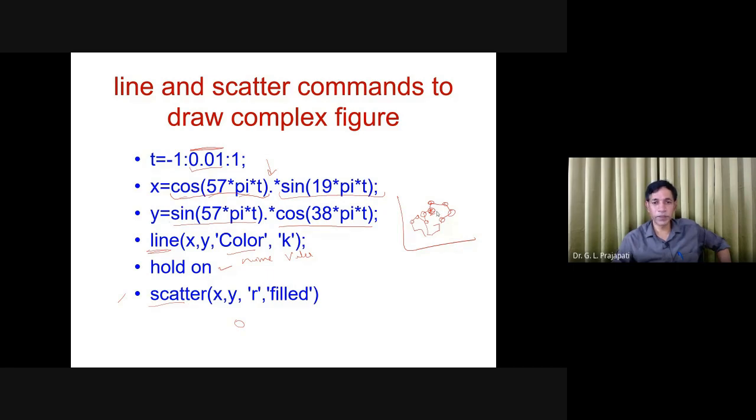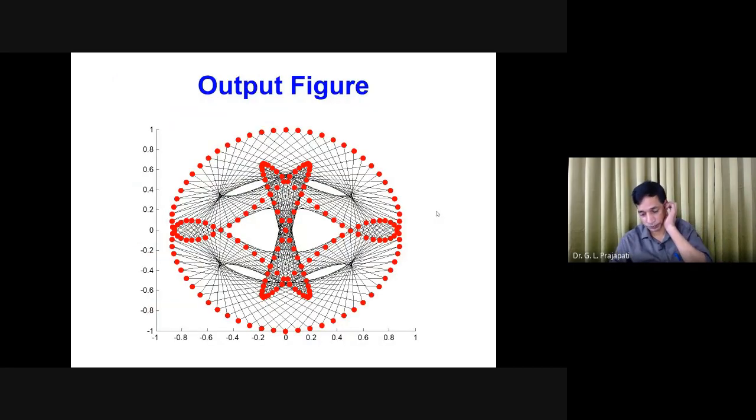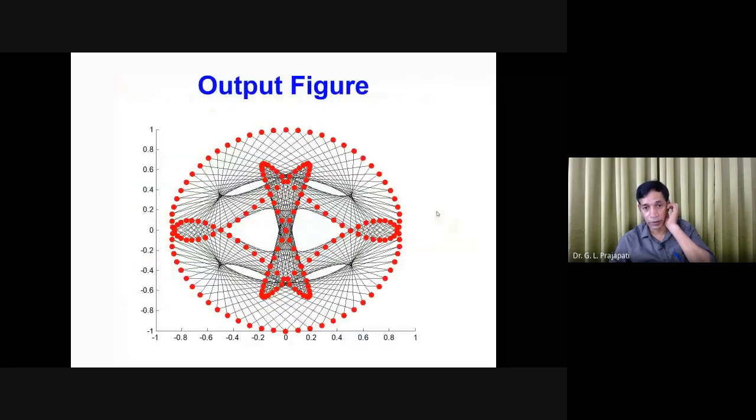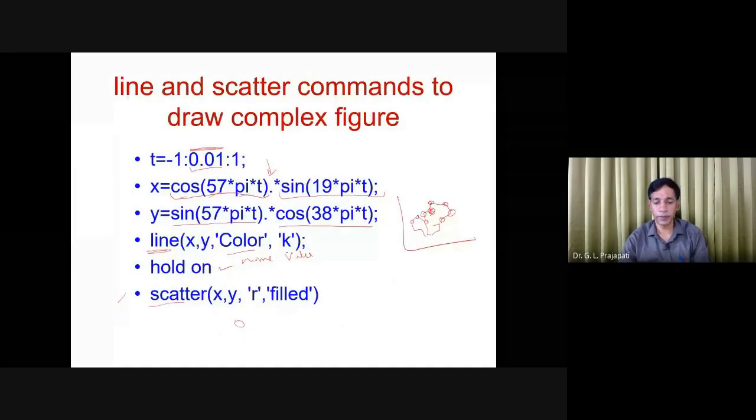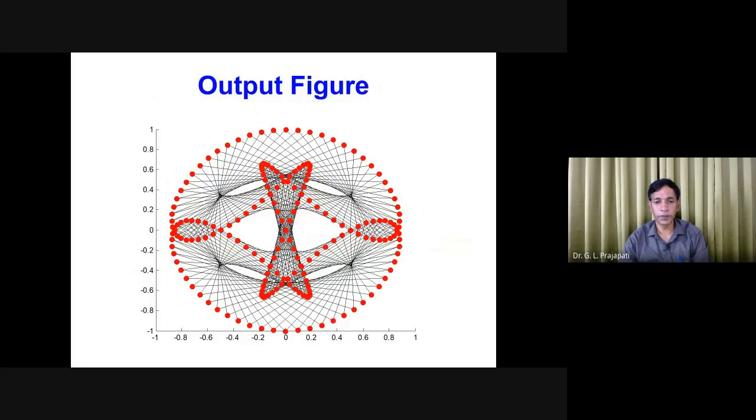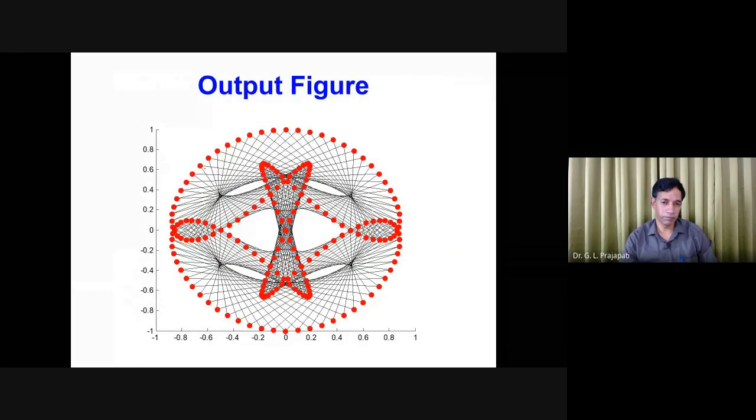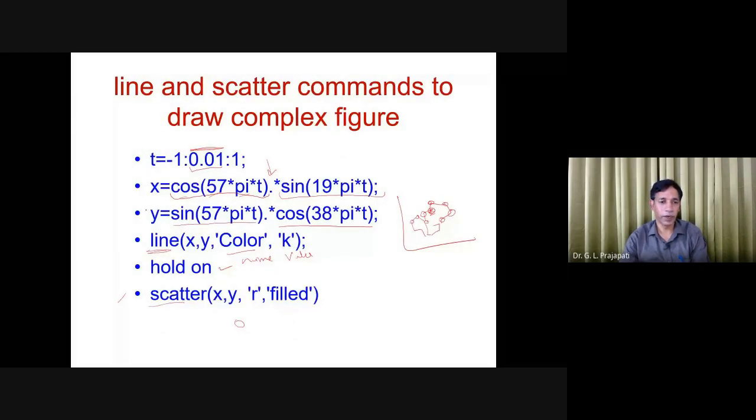Once you execute this, you will find it like this. You can see the first one is the graph with black lines. Color is black. Then the filled one is the red color. This is the kind of graph you have constructed with the help of this function, and x and y are the x and y equations.